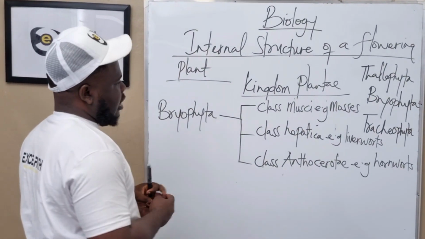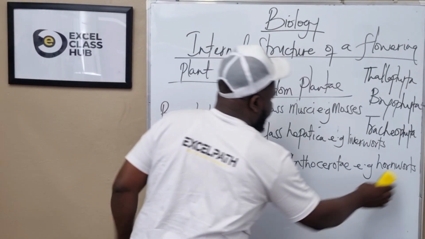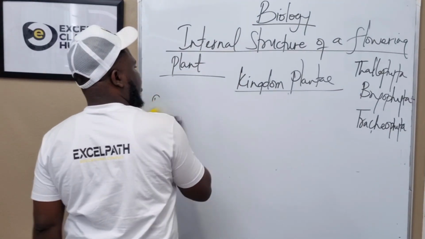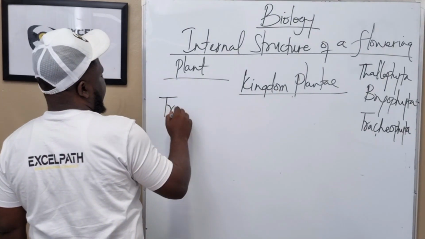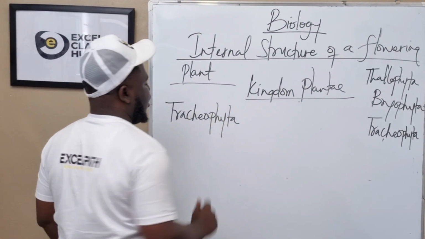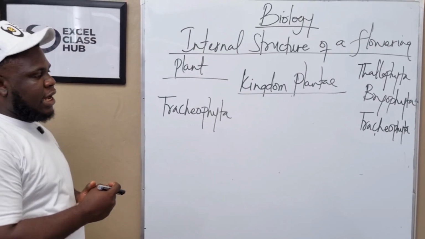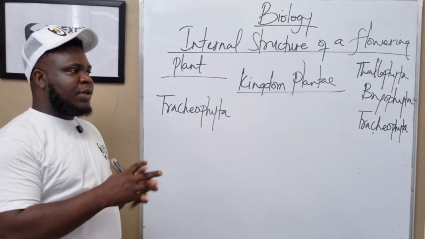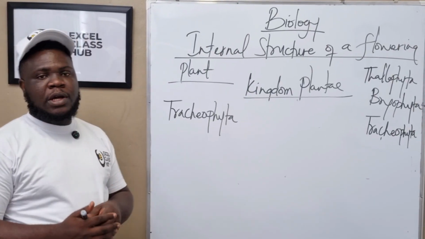Having said that, we move to the third one, the Tracheophyta. They are commonly called the vascular plants. Why? They have conducting vessels for the conduction of food and water.